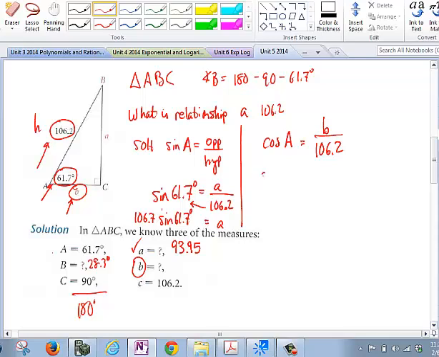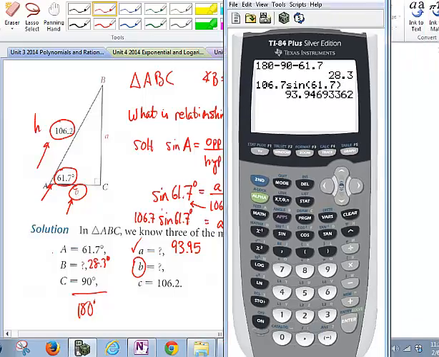So cosine of 61.7 equals b over 106.2. We're going to cross multiply before we even touch a calculator, and when we use the calculator, we're going to find that value.